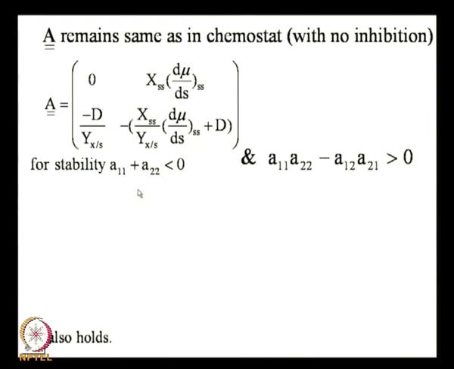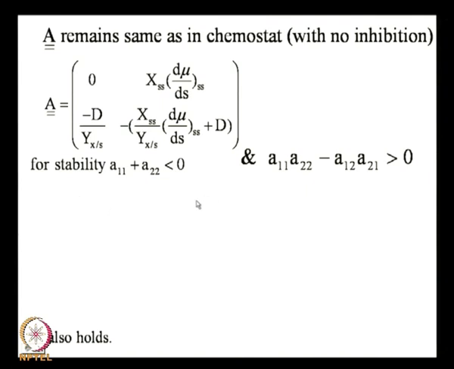So, we could conclude directly that if del mu del s is positive, then of course this whole term is going to be negative. Similarly, the product of these two terms is going to be greater than 0, right. Is it clear to everybody? Okay. So, this we could conclude directly.